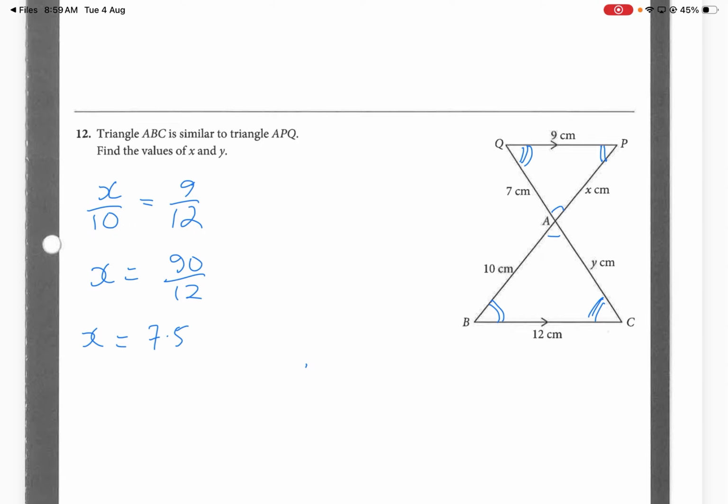Forming the equation. Okay? So y over 7. Do you understand what I was saying? If you only use scale factor, you are not able to form an equation.